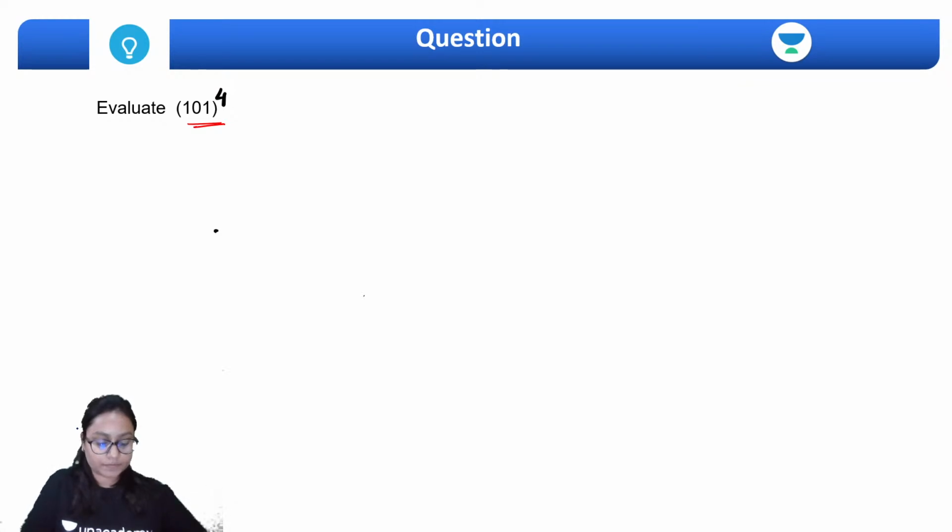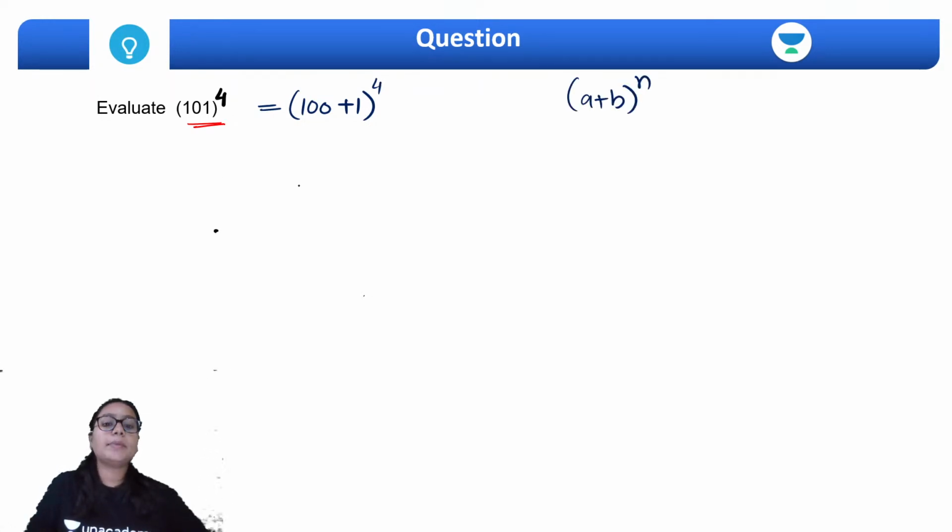Okay, so this 101 raised to the power 4 can be written as (100 plus 1) raised to the power 4. Compare it to (a plus b) raised to the power n and tell me what is the value of a, the value of b and the value of n.